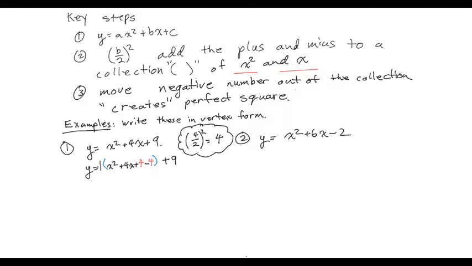So in order to move this minus 4 out of the bracket, we take our 1 and multiply it by minus 4. We get y equals 1 bracket x squared plus 4x plus 4.